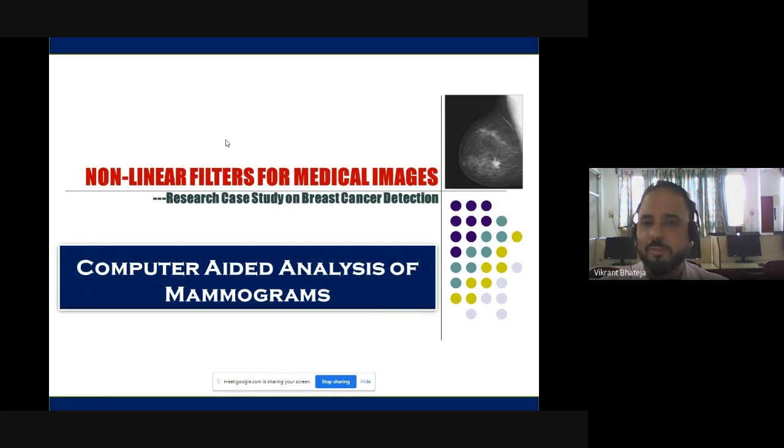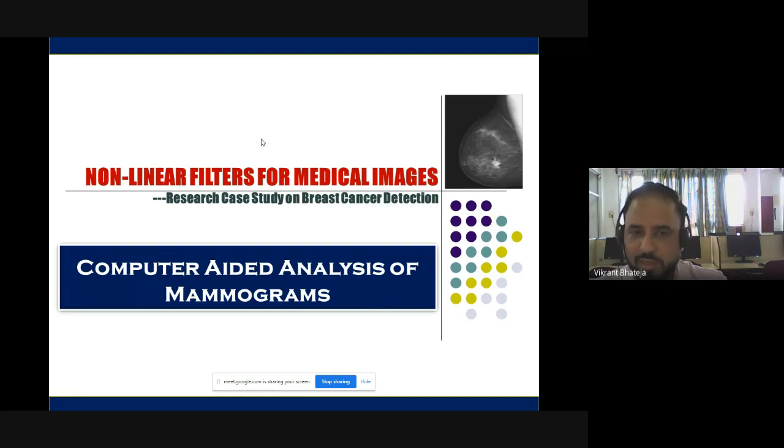We have heard about the term CAD when talking about medical images or their analysis, that is, computer-aided detection and computer-aided diagnosis. But there is one more term associated here, which is computer-aided analysis.